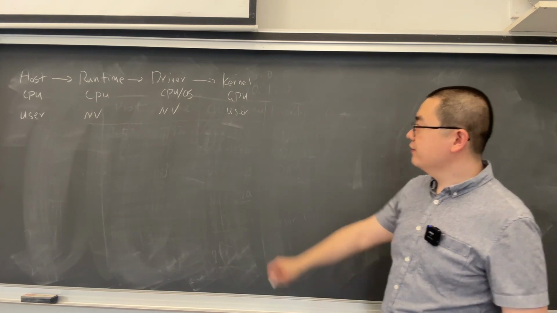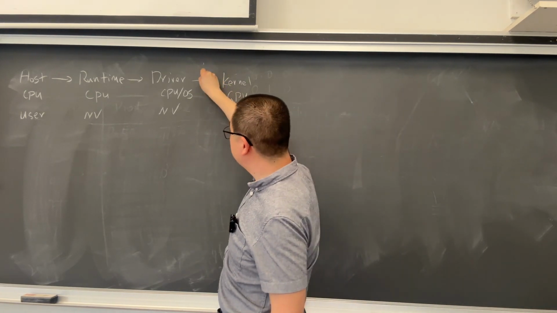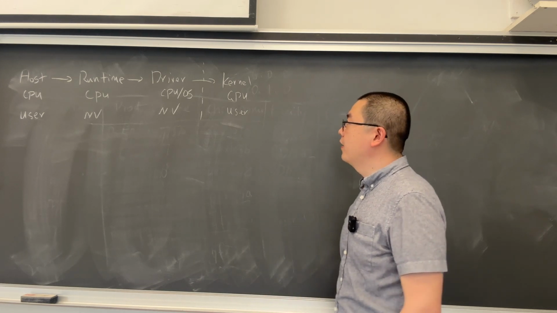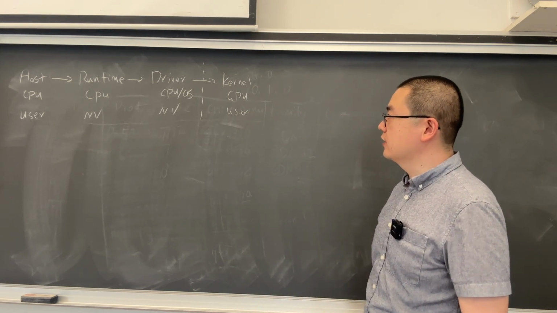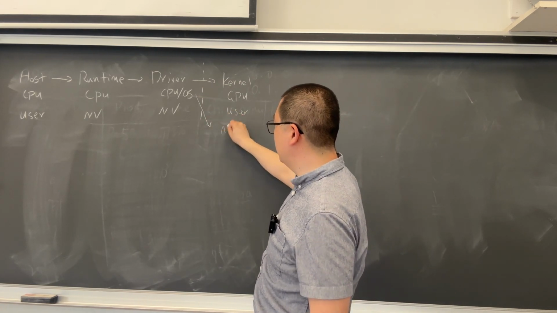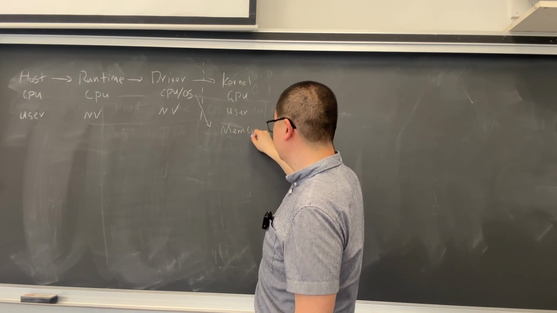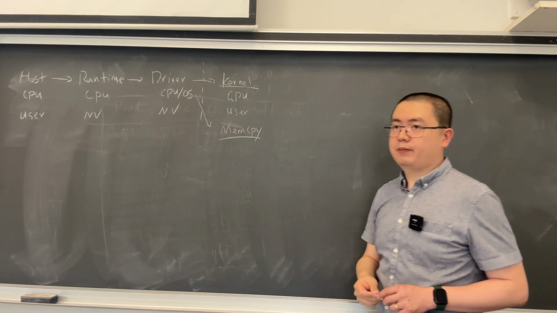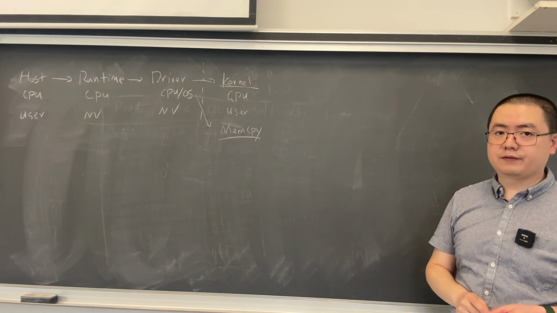So the most critical point here is that we start to transit from the driver side to the kernel side. And other than launching a kernel, the driver can also initiate memory copy. So kernel and memory copy are the most important tasks for the GPUs to run.